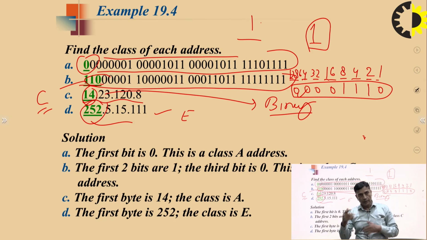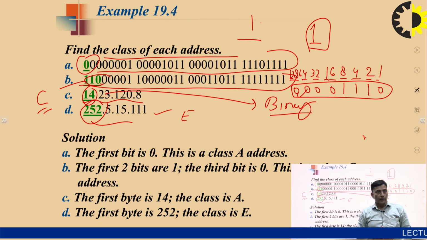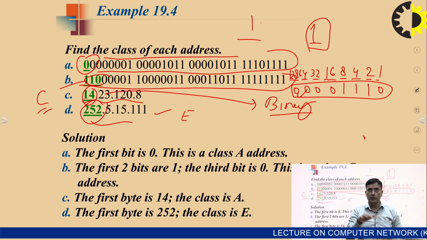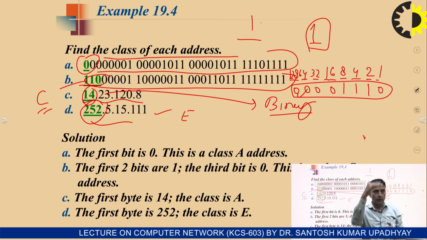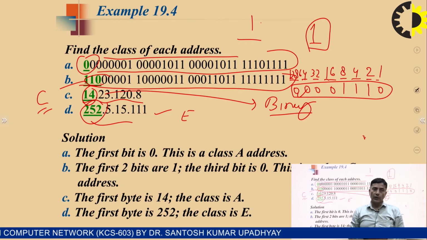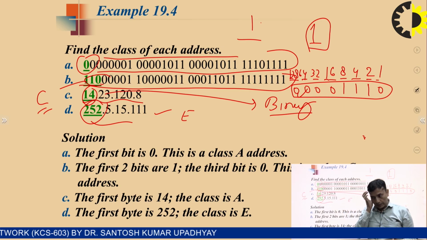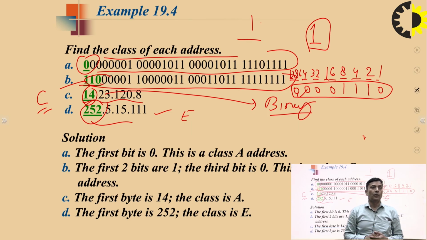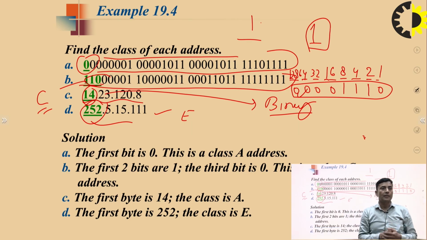Then in today's lecture we covered the 5 different classes into which the whole address space is divided: class A, class B, class C, class D, class E. We have seen the values of the dotted decimal first byte in different classes, and the first binary bits that identify the class.